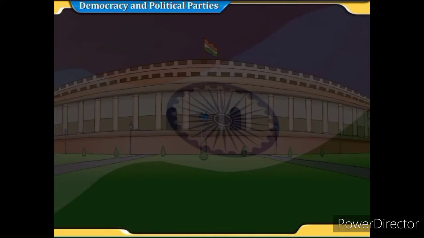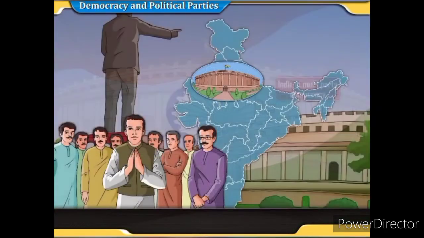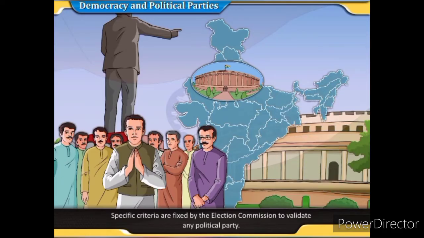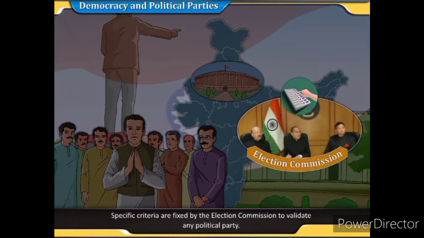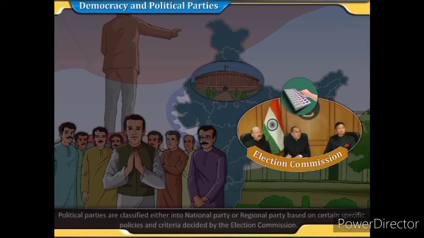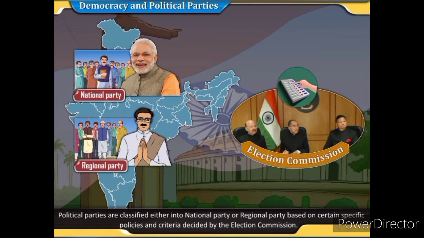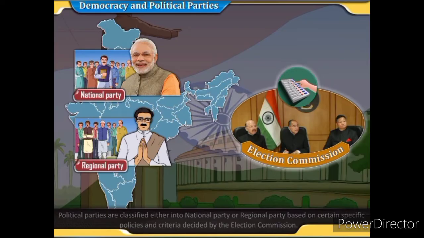Democracy and political parties. India is a multi-party democracy and hence we have various political parties. Specific criteria are fixed by the Election Commission to validate any political party. Political parties are classified either into national party or regional party based on certain specific policies and criteria decided by the Election Commission.